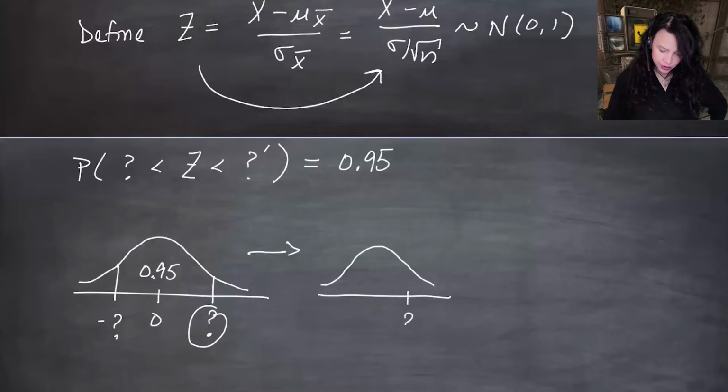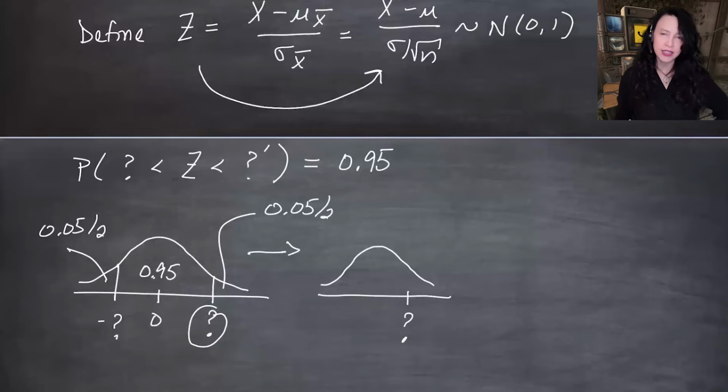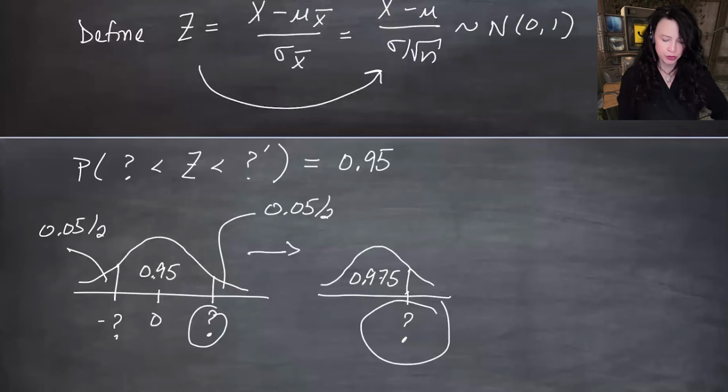So if I just consider that alone, and I have area 0.05 over 2 in each tail of the distribution, that means I'm looking for a number that has area 0.95 plus the 0.05 over 2, which is 0.975 to the left. You may recall, you may not, because I didn't use the terminology that much, but a number that cuts off a specified area for a distribution is called a critical value.